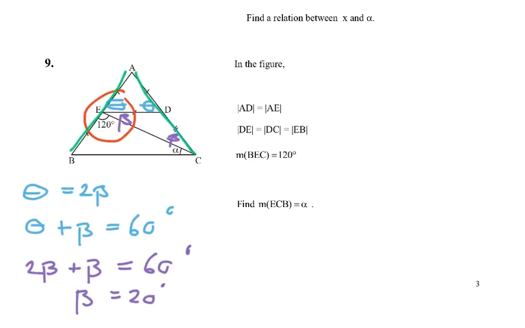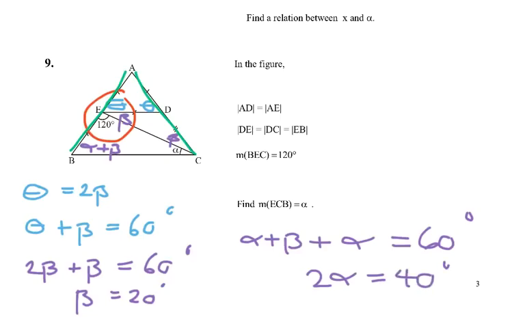AB is equal to AC, so this angle here must also be alpha plus beta. And if we look at the triangle BEC, we can see that alpha plus beta plus alpha must be equal to 60. If beta is 20, then 2 alpha is 40, and alpha is also 20.